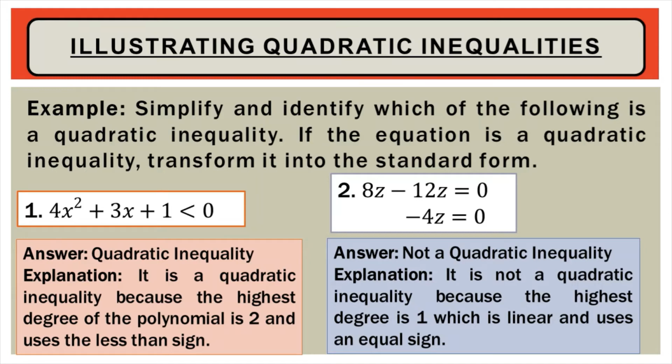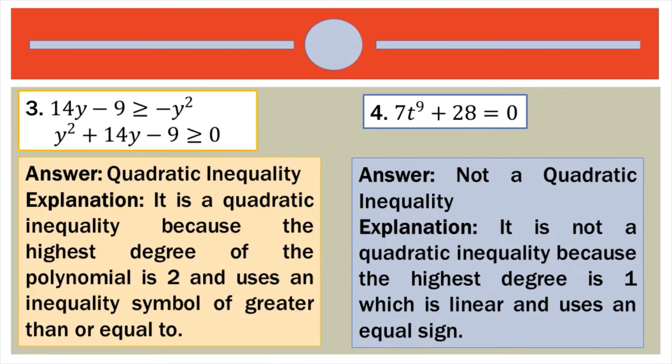Because the highest degree is only 1, which is linear, and it uses an equal sign. Remember that in quadratic inequalities, the highest degree of the polynomial is 2 and uses an inequality sign.